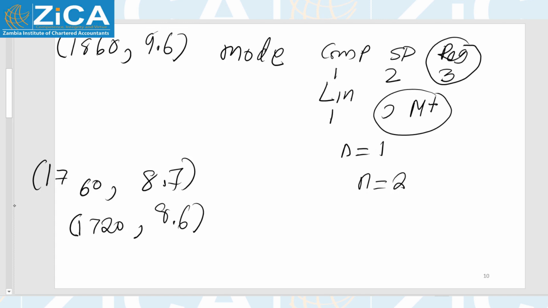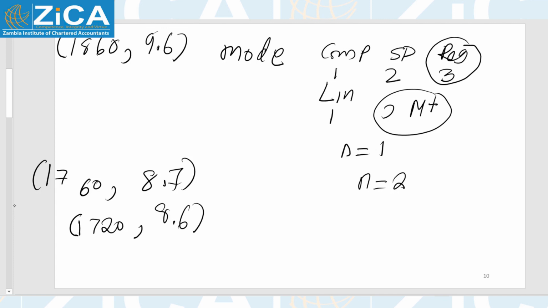Then you go to 1710, comma 8.2, m plus, n equal to 5. Then 1900, comma 10, m plus, 6. Then 1850, comma 9.7, m plus. And it will give you n equal to 7, meaning that you have entered all the 7 observations.